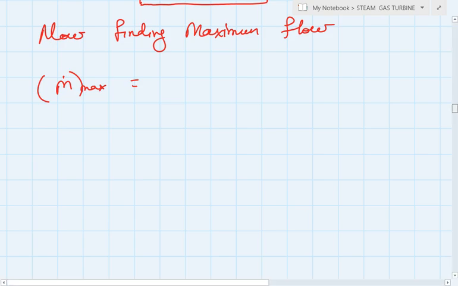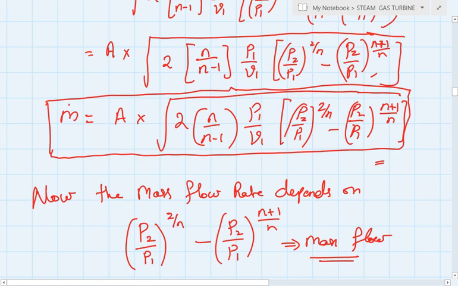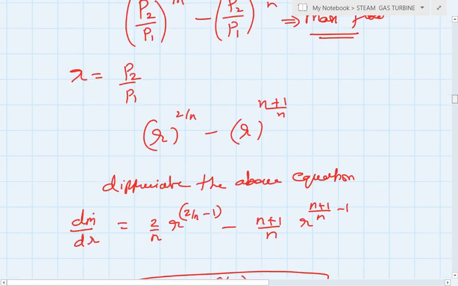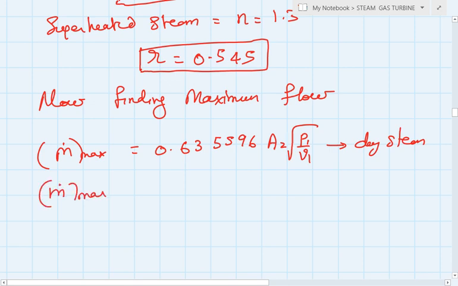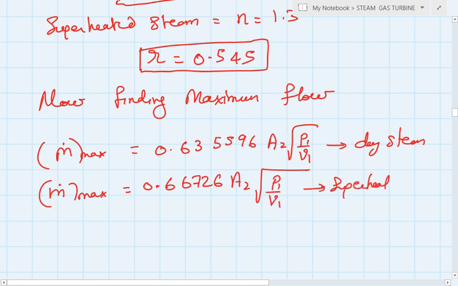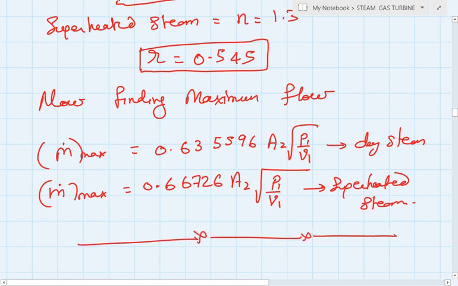When I substitute everything in this equation, I'll get 0.635596 times the square root of P1 V1 for dry steam, and 0.6672682 times the square root of P1 V1 for superheated steam. So this is the derivation.